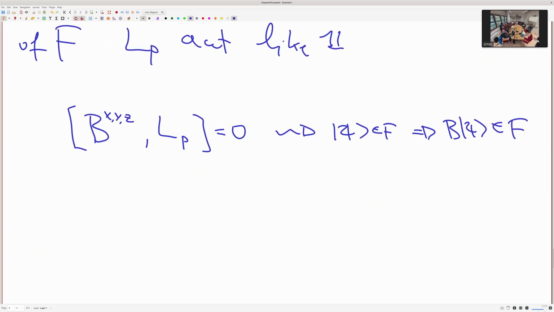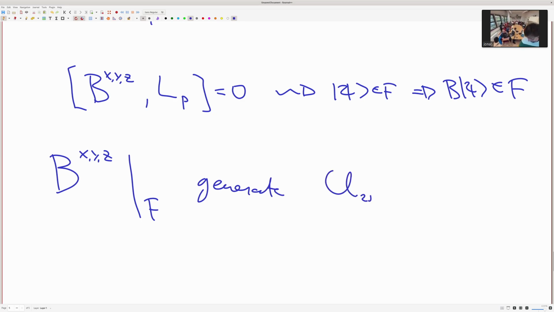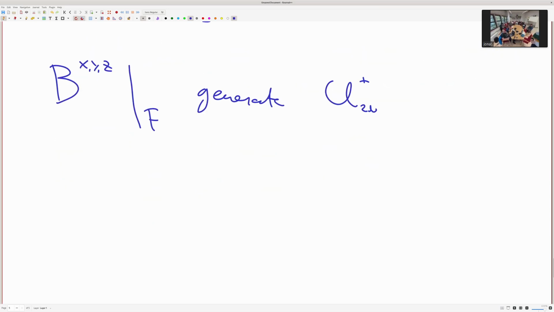So from this, we conclude that actually the correct statement is that these B operators restricted to the subspace F generate the even Clifford algebra.